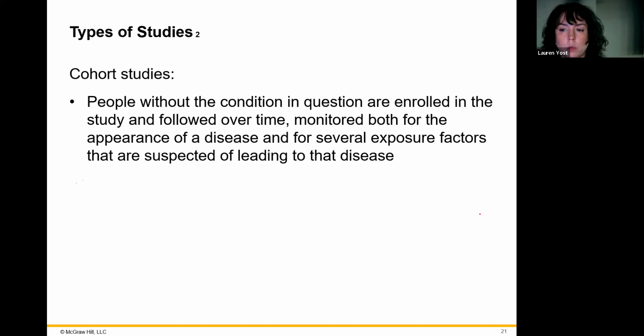Then we have cohort studies. This is the one that makes the most sense to me. It's like calm in the storm as far as I'm concerned. A cohort study is just following people who are not sick over time and then monitoring for any information as that person does become sick. So they'll say, hey, you're joining this study. And you'll be like, cool. And they're like, oh, just write down where you go, what you eat, and stuff like that.